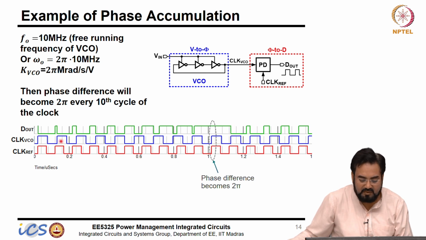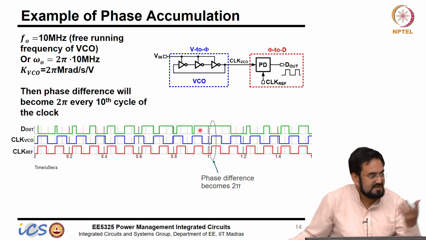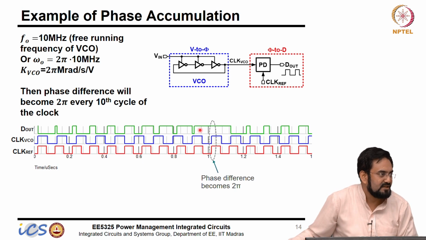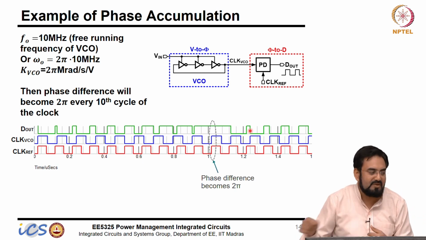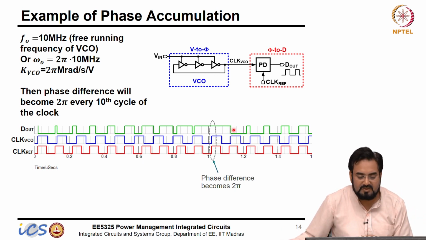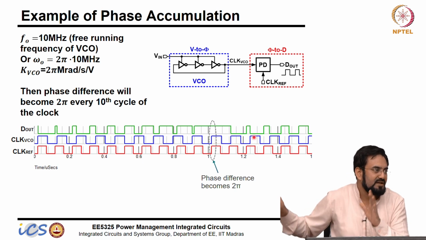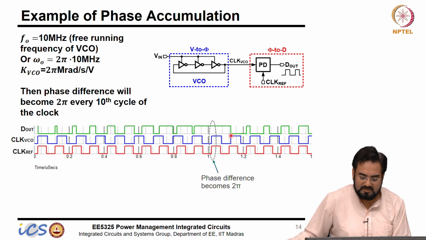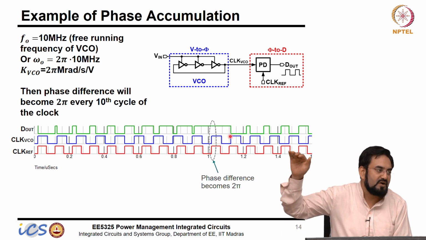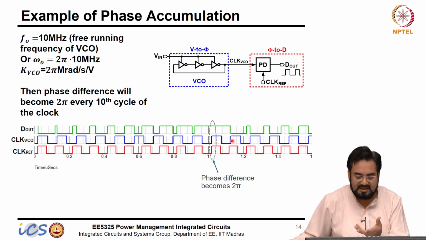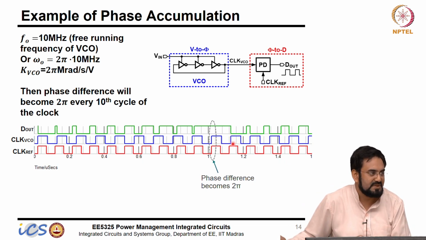So we want to avoid this condition. Let's say maximum you can get is 100% duty cycle, but the moment you go to 2 pi, it will again go to 0 because the phase will fold back. So that is the problem with this. You are not allowed to go more than 2 pi, otherwise the duty cycle will get reset and your output will die. Because we always want our duty cycle to saturate at 100%. So this is called cycle slip, which happens in the PLL.